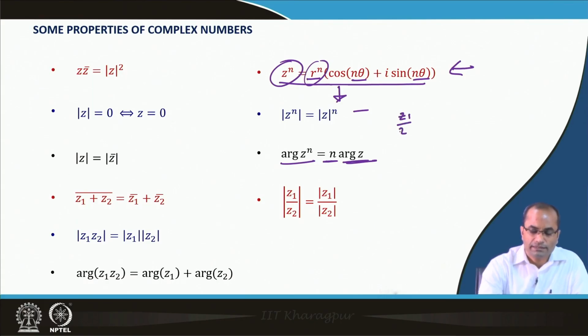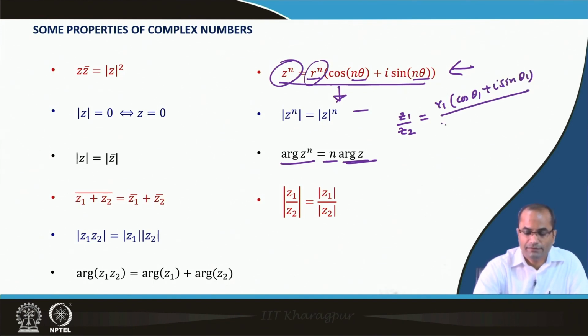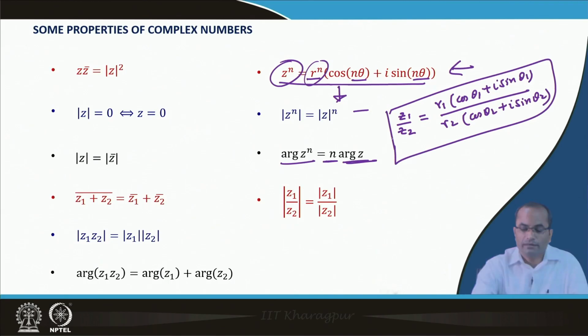So, we can take that trigonometric form. So, Z 1 divided by Z 2, we have R 1 times cos theta 1 plus I sin theta 1, and then we have here R 2 times cos theta 2 plus I sin theta 2. So, with this relation we can again rewrite this.